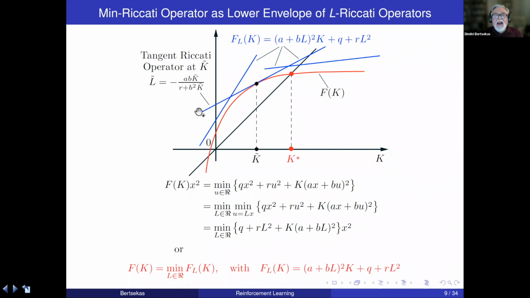And this L tilde operator can be viewed as a linearization of the min Riccati operator at this point. So by doing this minimization at k tilde, we obtain a linearization. This will connect with approximation in value space and also with Newton's method.